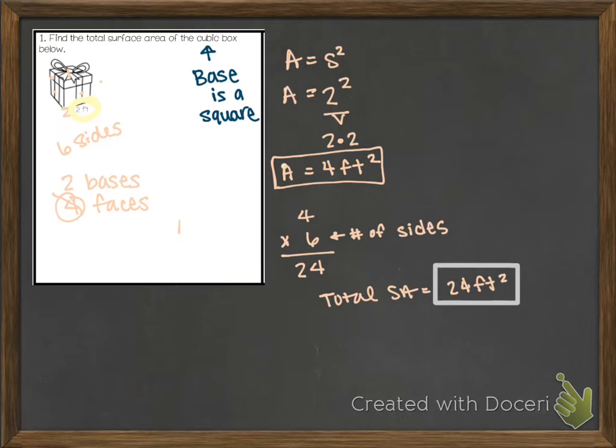So I need you to press pause and complete number 5 on your own, which is a net, and you'll find the cube. Or as a class, decide if you want to just go through all of the video and then do the rest on your own. That's fine too.